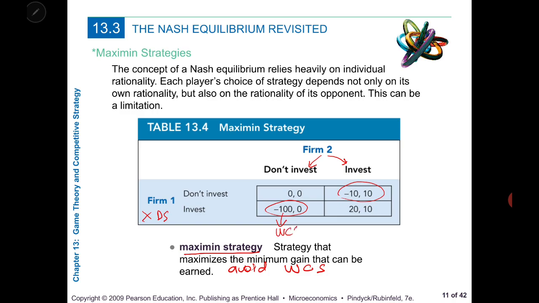This is the worst of the worst cases. Okay, so the decision based on this Maximin strategy will be to choose the one with the minimum risk. This is what we call the Maximin equilibrium. By using the Maximin strategy, you will choose -10 and 10.